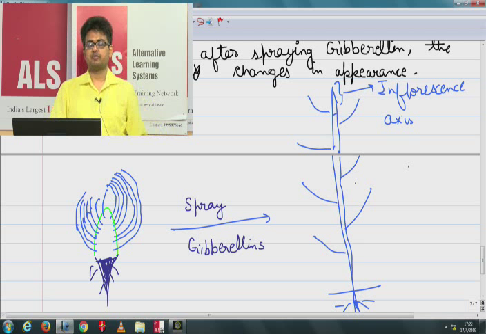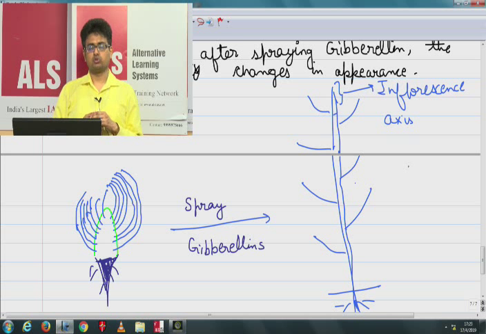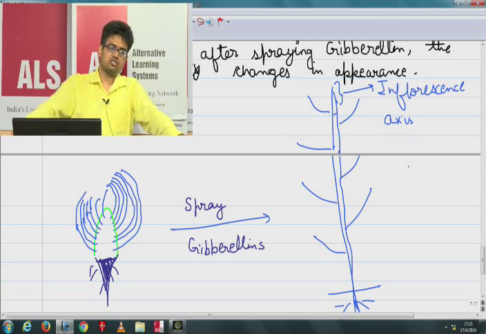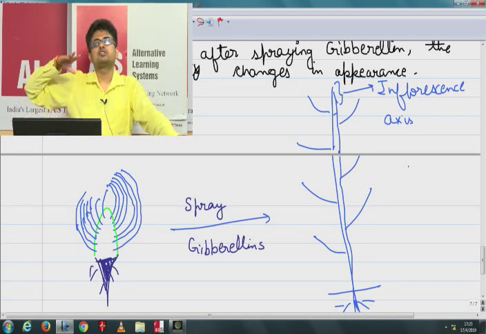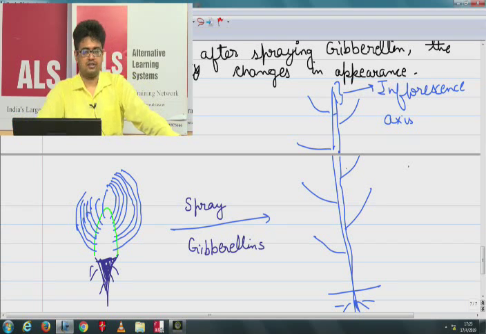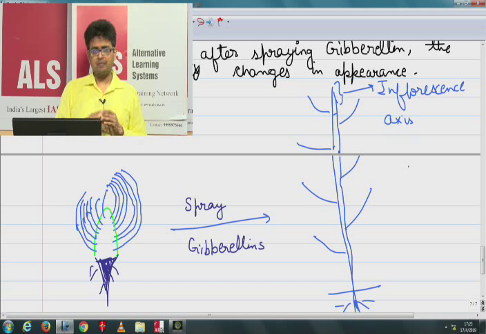For example, in our body, the reason for an increase in height is growth hormone. Now, if somebody has a higher concentration of growth hormone, he will become taller, and whoever has lesser concentration will not be as tall as the other guy. But these changes have not happened in a day.